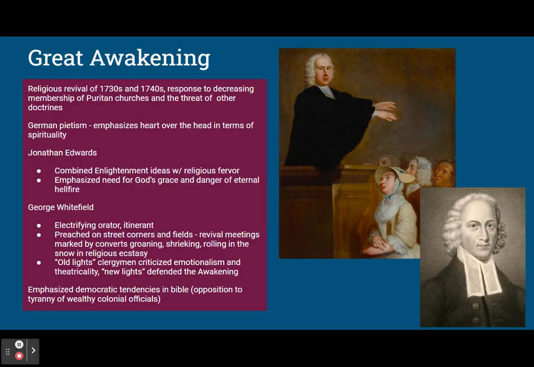They're going to defend the Great Awakening as needed to revive religious fervor in the colonies, as it did. And it also led to the development of other denominations in the United States, or what later became the United States. Interestingly enough, the Great Awakening also really emphasized democratic tendencies in the Bible in opposition to the tyranny of, like, the wealthy colonial officials.